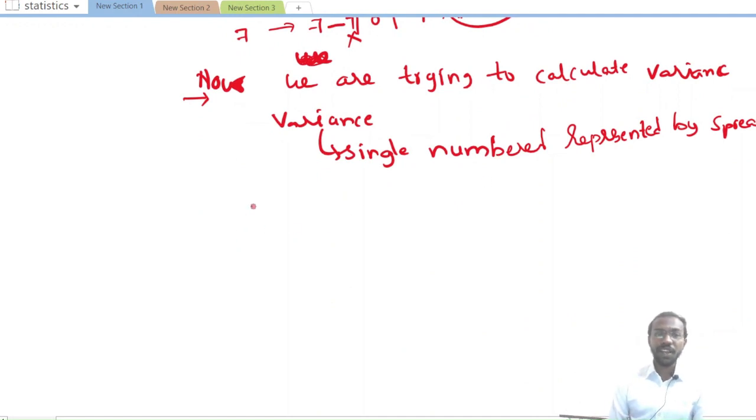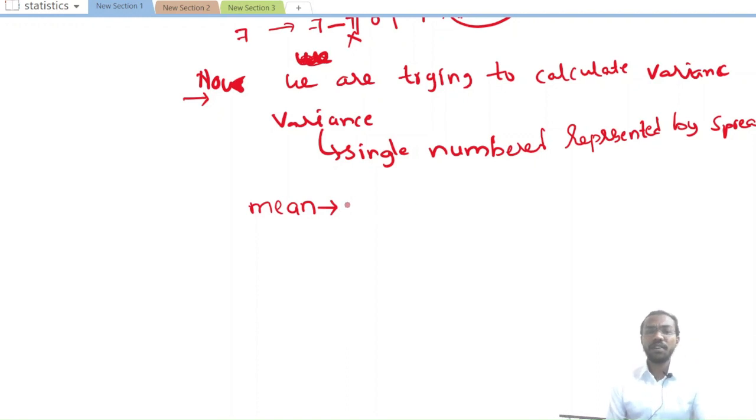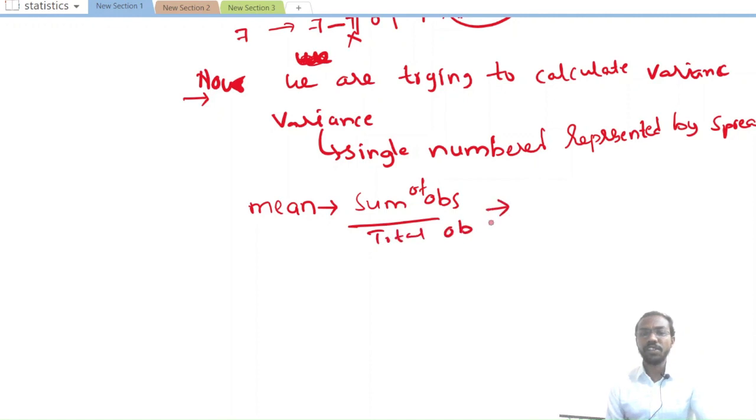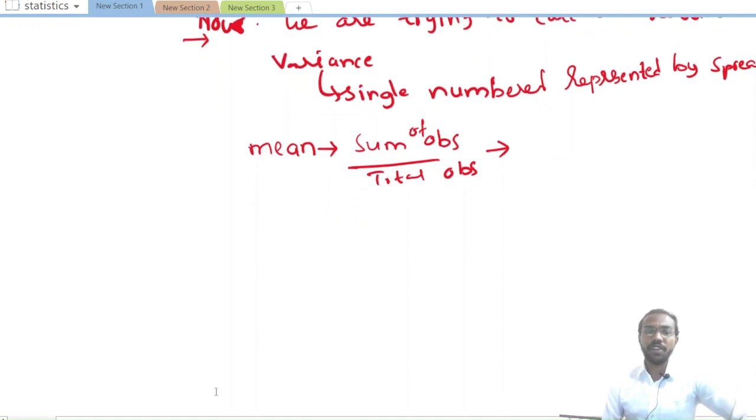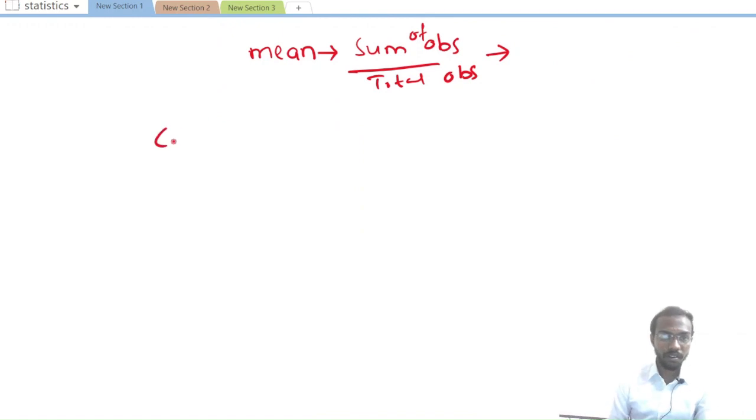For this reason we calculate the mean, and then we get a single number. The formula for the mean is the sum of observations divided by the total number of observations. Our data has columns 1, 5, 6, 7, 8, 9.